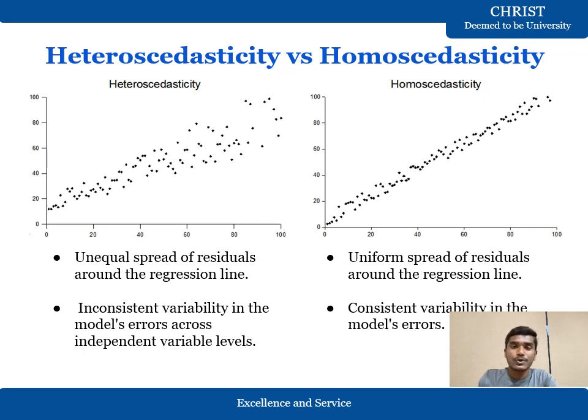Homoscedasticity denotes a uniform spread of residuals around the regression line, maintaining a consistent variance of errors across diverse levels of the independent variable. This uniform variance signifies a stable and dependable variability in the model's errors, crucial for reliable statistical inference.